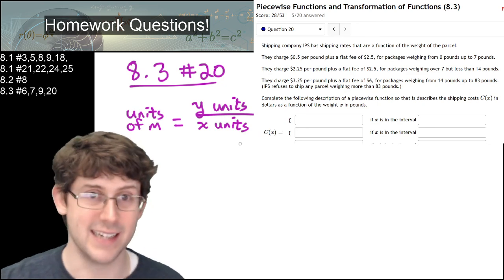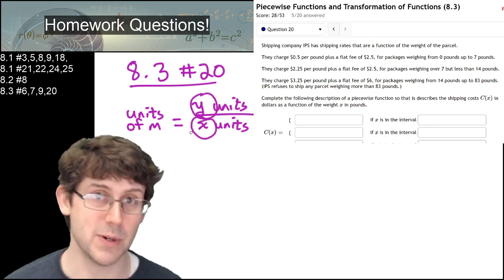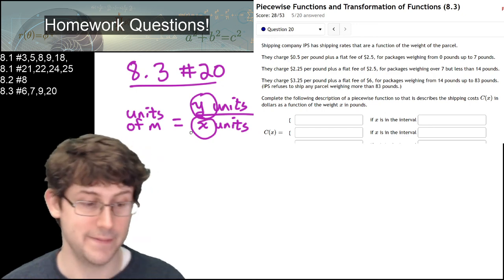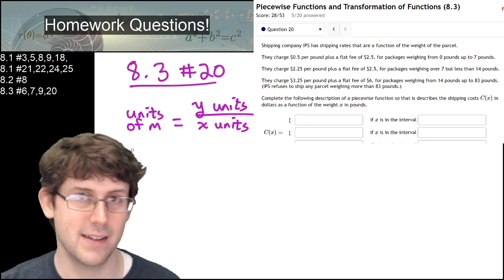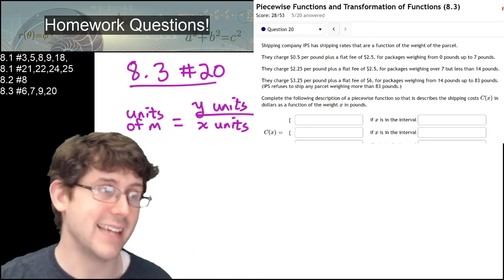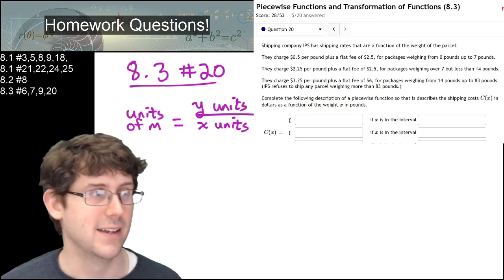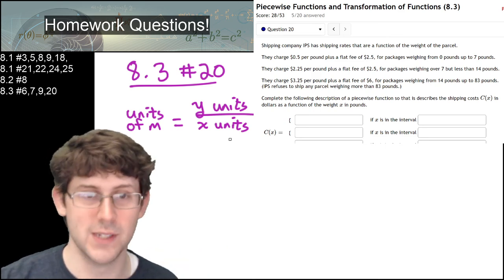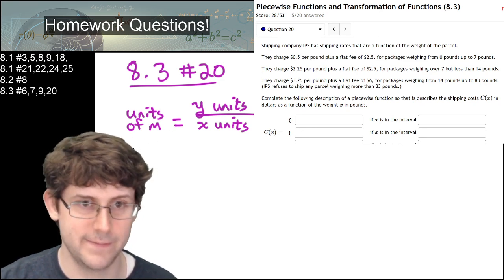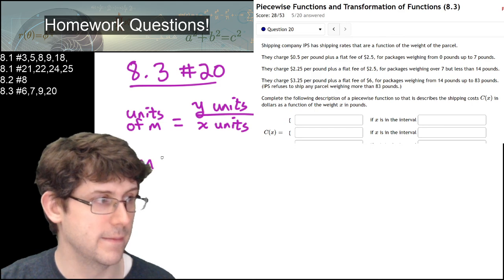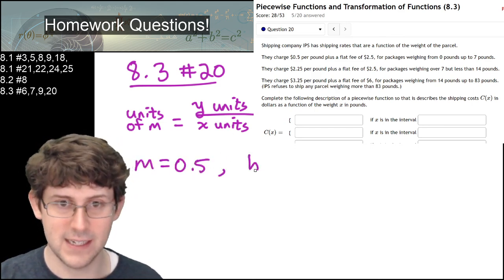That implies that the dollars are like a y and the pounds are an x, and $0.5 per pound is our slope. The flat fee of $2.50, that's a y-intercept. It's not a rate. It's not like dollars per pound or pounds per dollar. So that formula for the first rule, $0.5 per pound, is a slope. And the flat fee of 2.50 is the y-intercept.